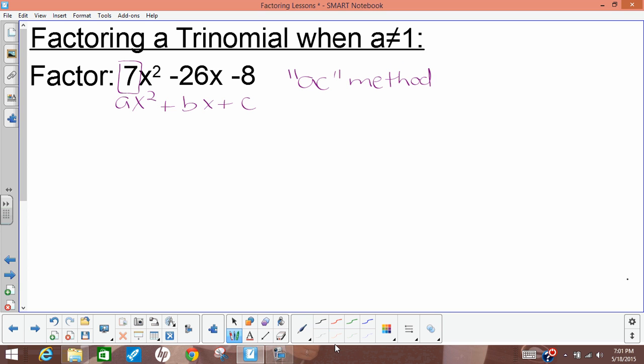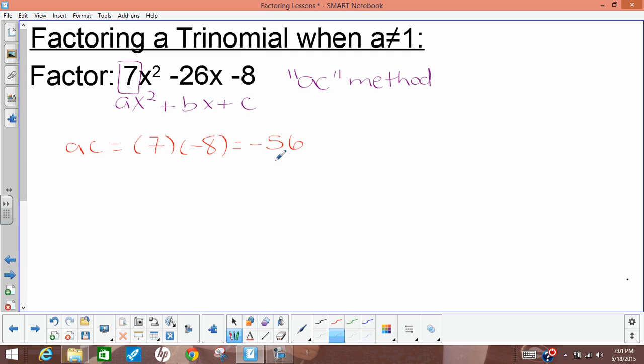That's because we're going to start by taking the value of a and multiplying it by the value of c. So in this case, we have 7 times negative 8, which gives us negative 56. And we're going to find two factors that multiply to be negative 56 and also add to be negative 26.